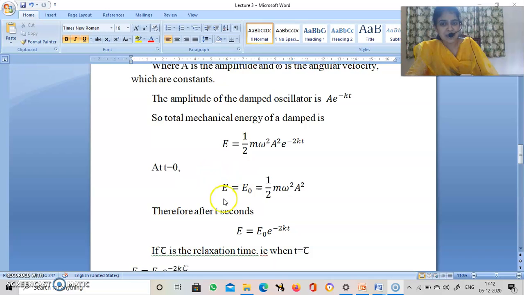So applying that property, at t is equal to 0 the energy E0 is equal to half m omega square a square.